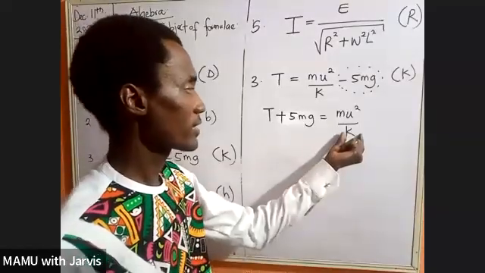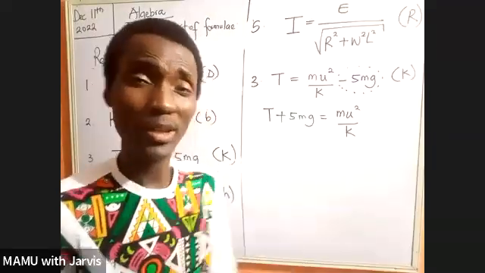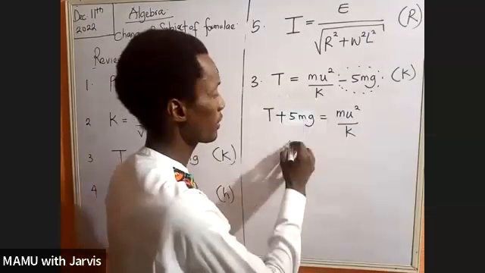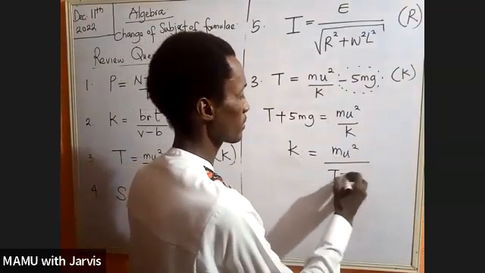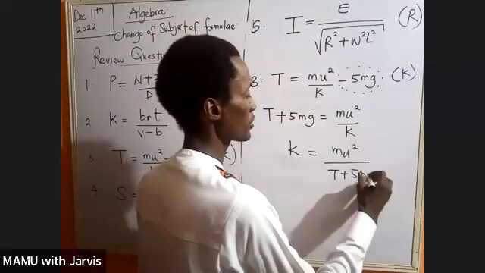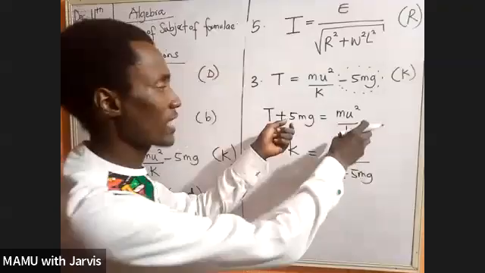So what do you have here? This T, now let's upgrade our thought a little. This T will come here, and that will be equal to mu squared over T plus 5mg. Can you relate with that? Yeah. Beautiful. So what I did was trading places.